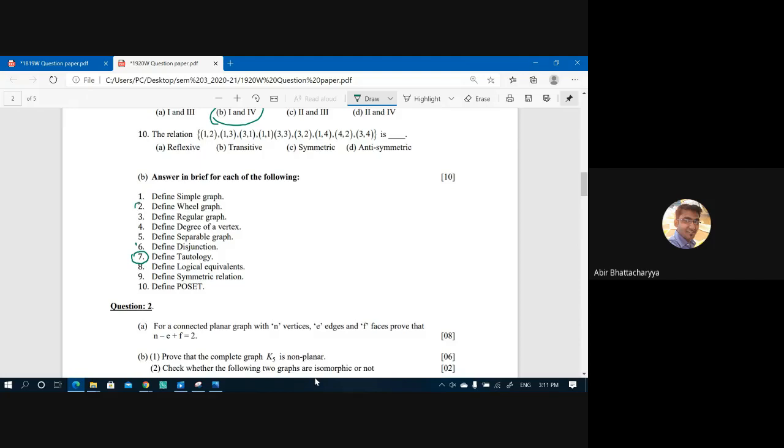There are two definitions you have to write on the chat box. Write down the definition of wheel graph and the definition of tautology. This is the last question, students. So go for it, write it down. I'll give you 5 minutes and later on I will check it. Only the definitions of wheel graph and tautology.